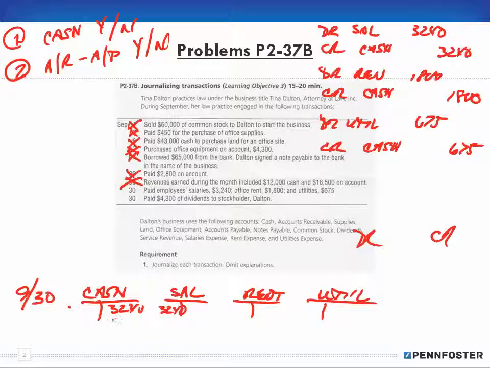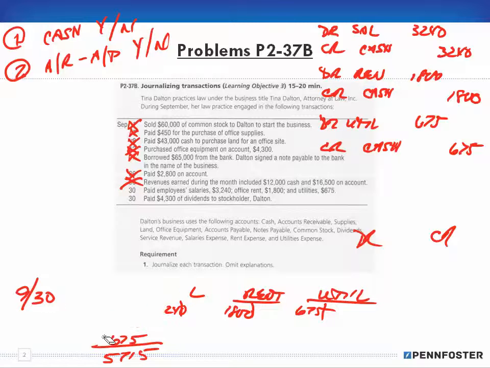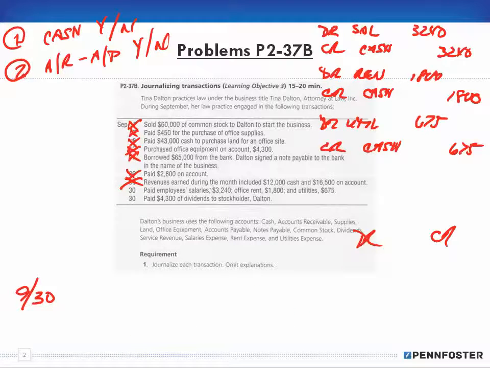I'd have a $1,800 for a credit, and that's $1,800 for the rent, and $675 as a credit for the utilities. And of course I add those all together and I get $57.15, which is what I would use to make my journal entry.